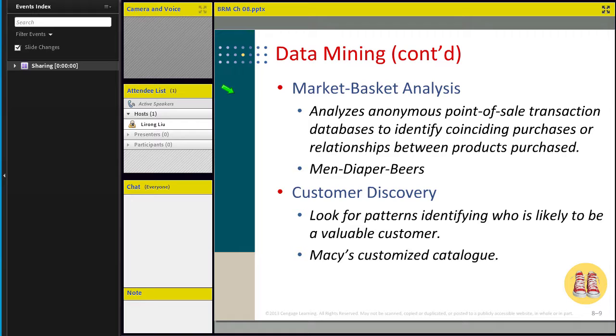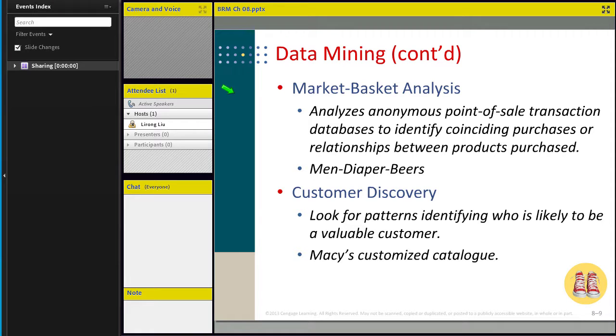So what they found is that when men go out and shop for diapers, they usually grab a few cans of beers on their way out. And this is found through analyzing transaction databases.